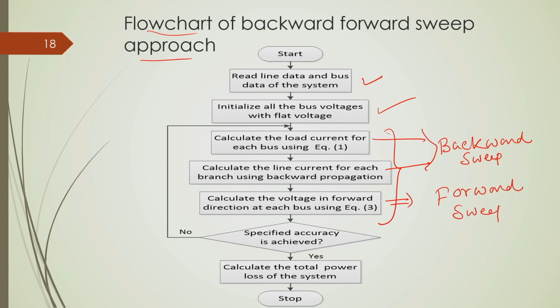After performing these two steps, there is a check whether the accuracy is achieved or whether we have reached the maximum iteration, and accordingly the loop is created and it will be iteratively updated.